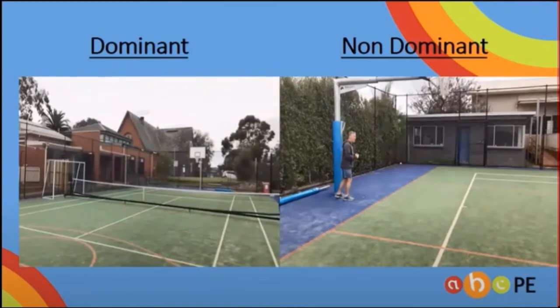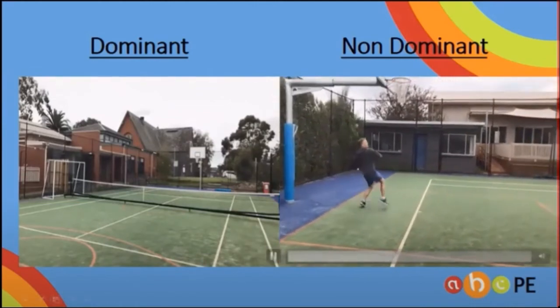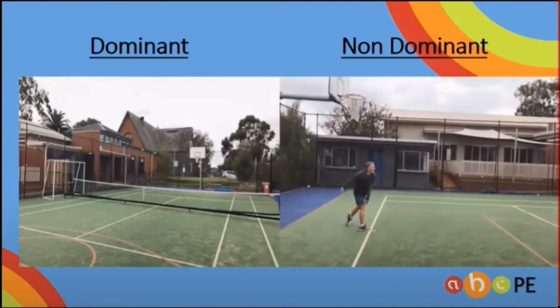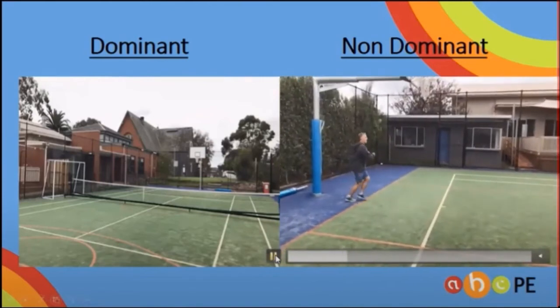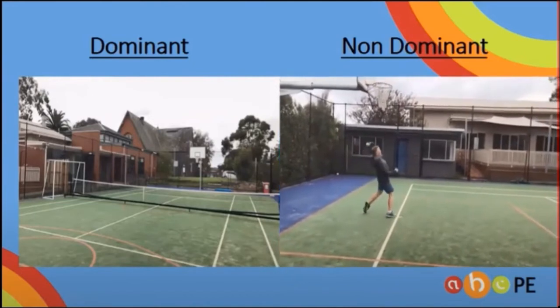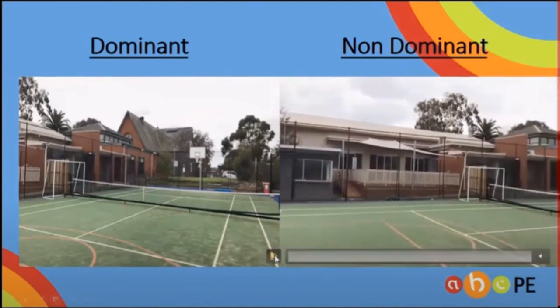This is him on his non-dominant hand. You can hopefully get an idea throughout this movement. Body's not as stable. The timing is nowhere near as good from his other hand.